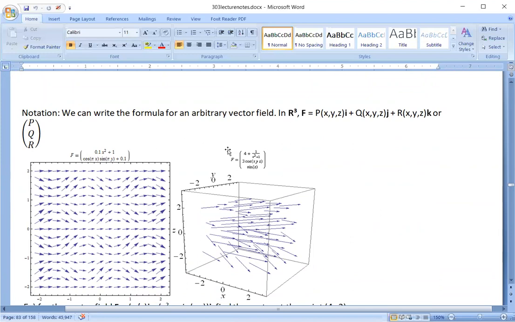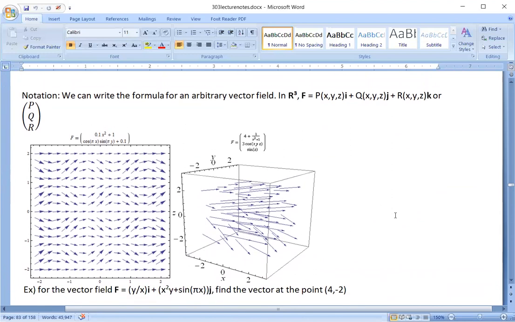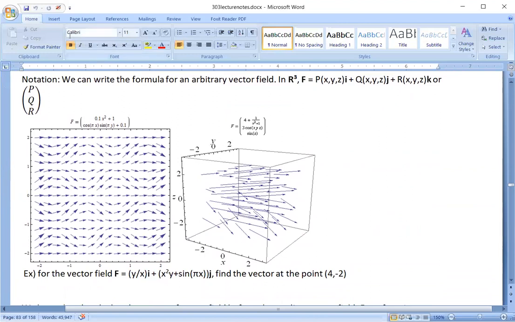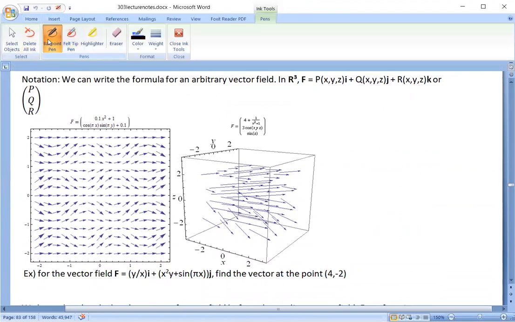So now let's do a calculation by hand to get a further idea what this means. So for this vector field, first component y over x, second component x squared y plus sine of pi x. Find the vector at the point (4, -2). So all we do is plug it in.